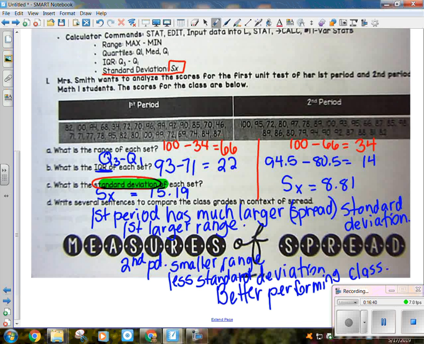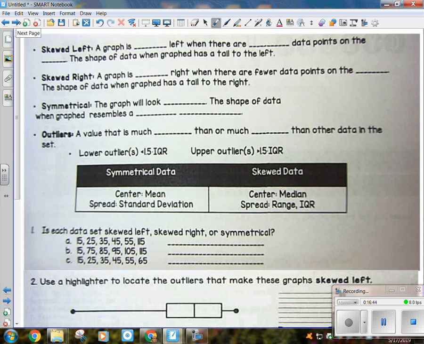Right. So now let's turn the page to the part where we're going to describe the shape. For the first time, we're going to talk about skewed to the left. A graph is skewed left. That's skewed, not skewered, not like the barbecue where you have a sharp stick and you put meat and vegetables on it. That's a skewer. This is just skewed.